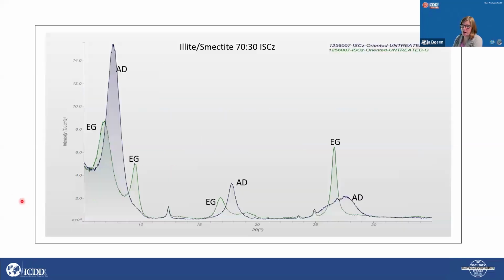So here is a more detailed look at glycolated and untreated samples. You can see what happens here, how this one peak, I guess, splits, or shows that we actually have 2 different types of layers in this clay mineral.